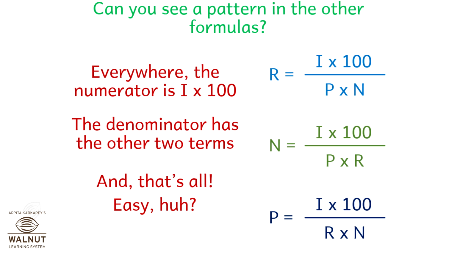So if you see, for R, numerator is I into 100, and the denominator has the other 2 terms, which is P into N. For N, the numerator is the same, I into 100, and the denominator is the other 2 terms, which is P into R. For P, the numerator again remains the same, I into 100. The denominator is the other 2 terms, R into N. Simple.